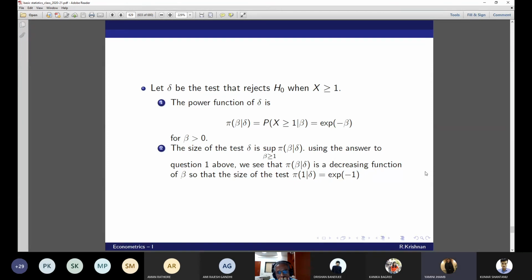So, the size of the test is alpha, which is the supremum of the power function. This is actually a power function. Oh, all right.